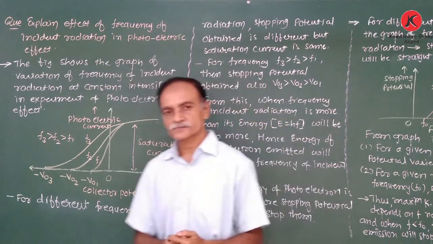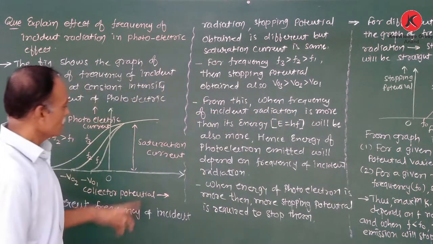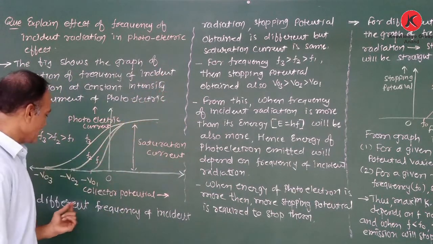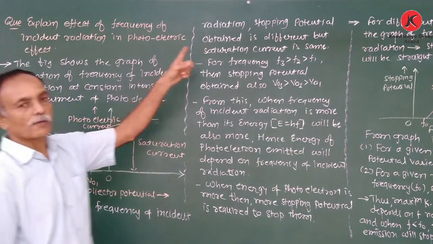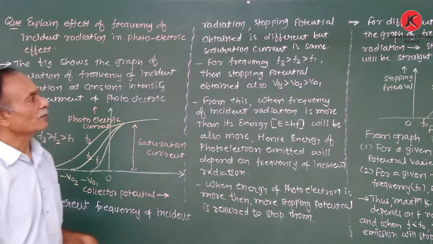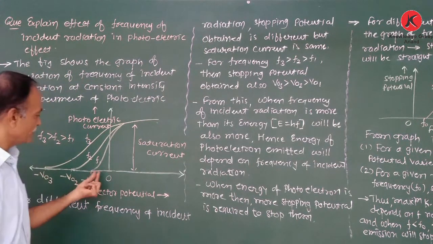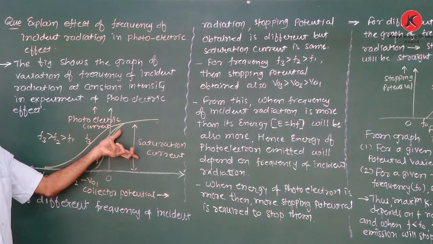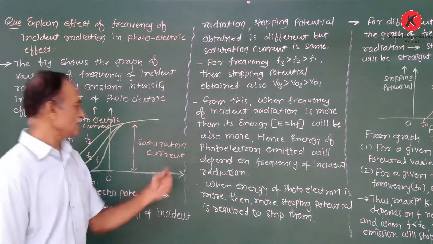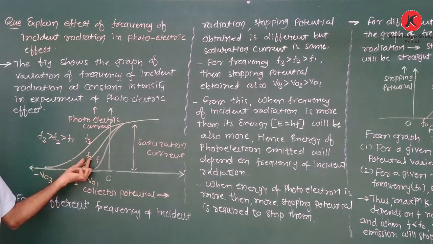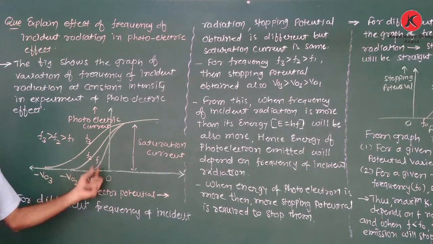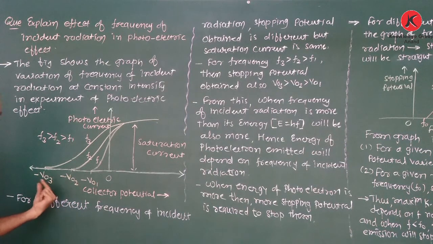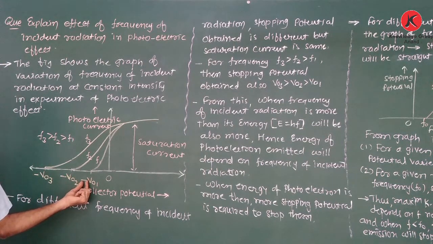Clear? Okay. So here the description is that for different frequencies of incident radiation, the stopping potential obtained is different. But the saturation current remains constant. For frequencies F3 greater than F2 greater than F1, the stopping potentials are V03 greater than V02 greater than V01.